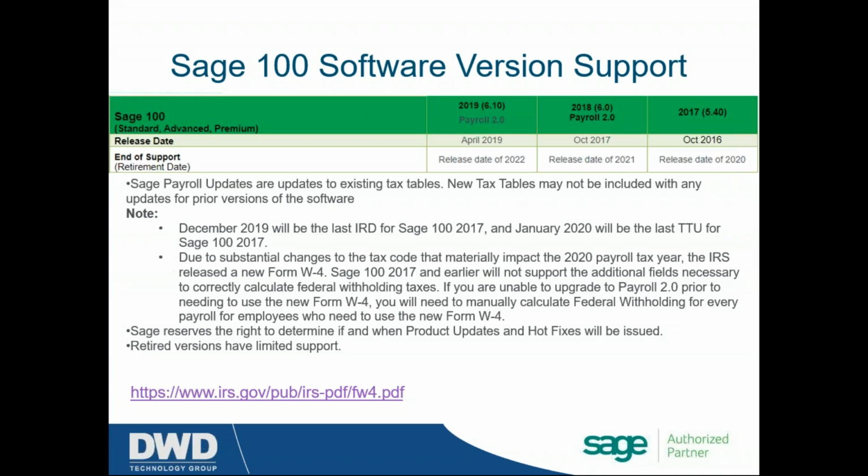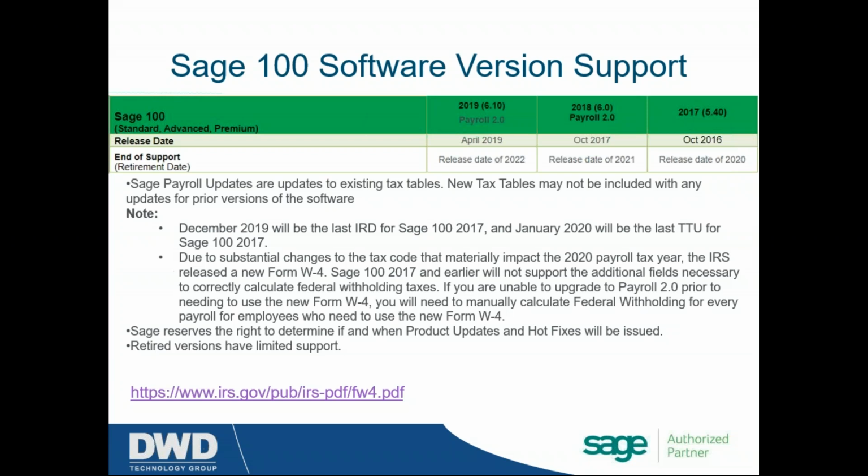The last IRD for Sage 2017 is going to be this month, and you will get a tax table update in 2020 for your payroll. So you can process that payroll in 2017.